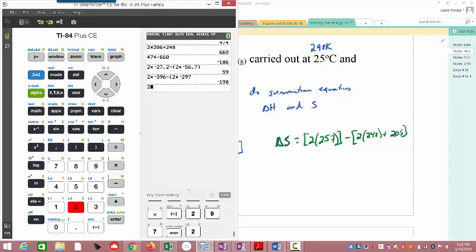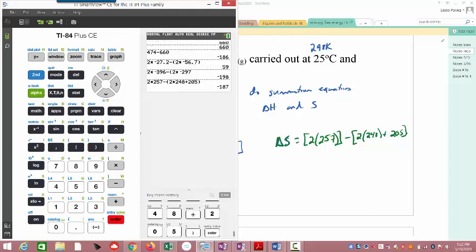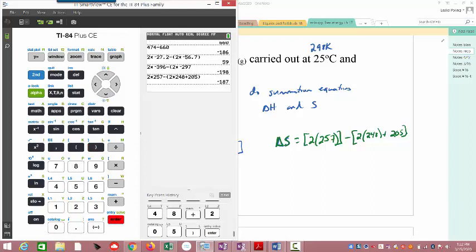So 2 times 257 minus 2 times 248 plus 205. So we get negative 187.